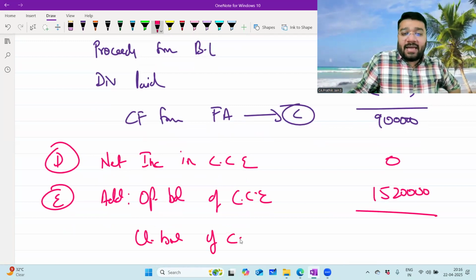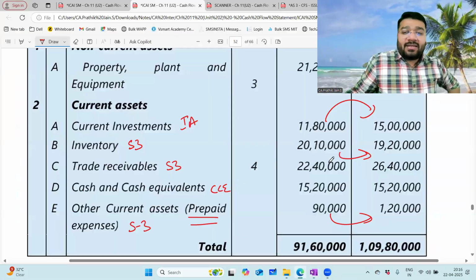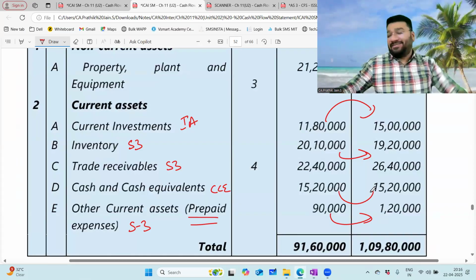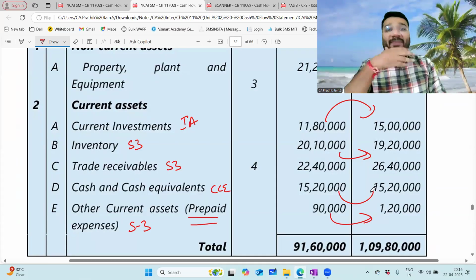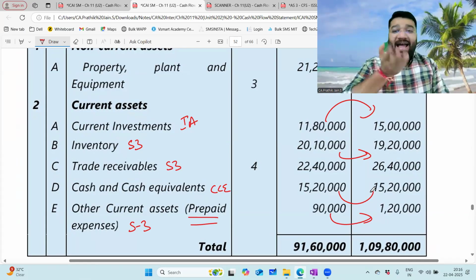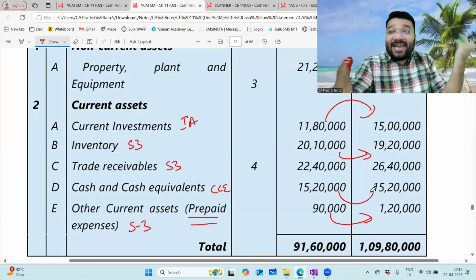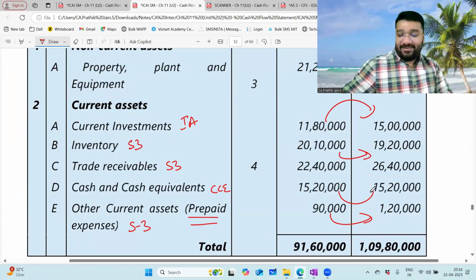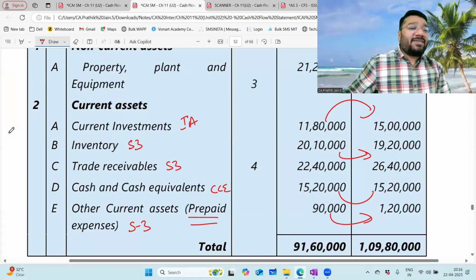Closing balance of cash and cash equivalent, how much? Same 15,20. Sir, there is no movement in cash and cash equivalent, so cash flow statement is not required to be prepared. So if the same question comes in exam, write this and come: cash and cash equivalent, no movement. If no movement, why a cash flow statement? The person will say this 10-mark question, I'll remove this one.